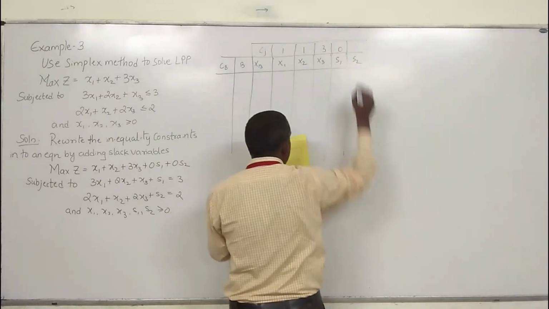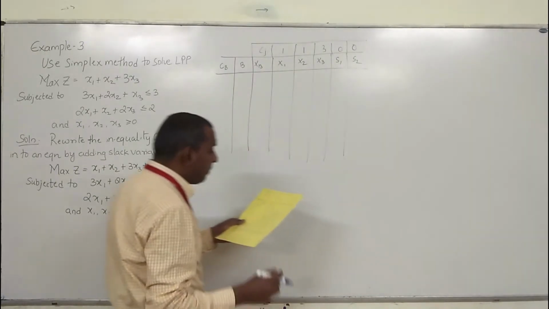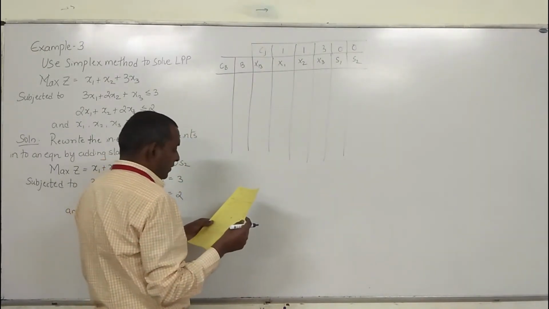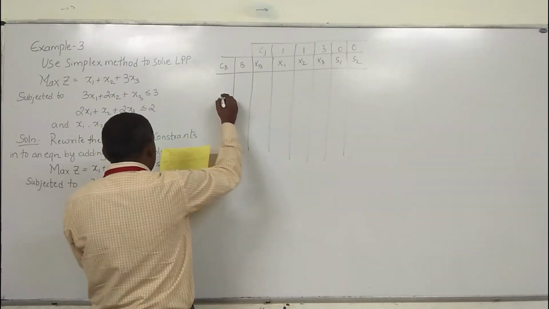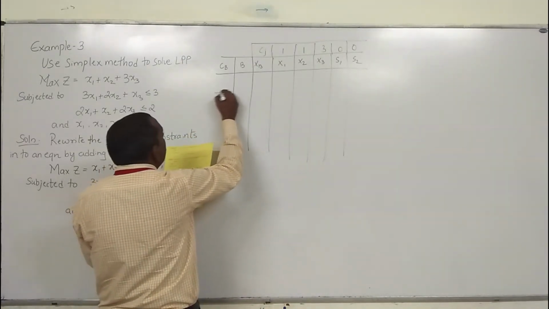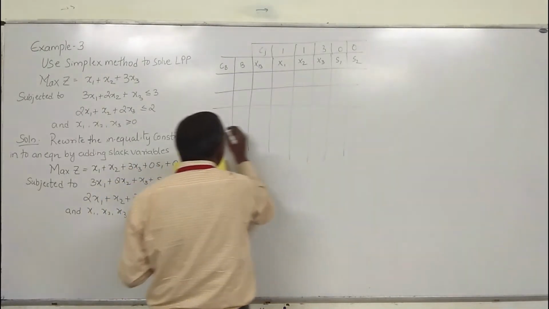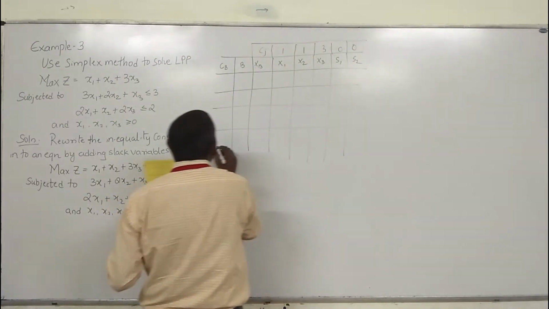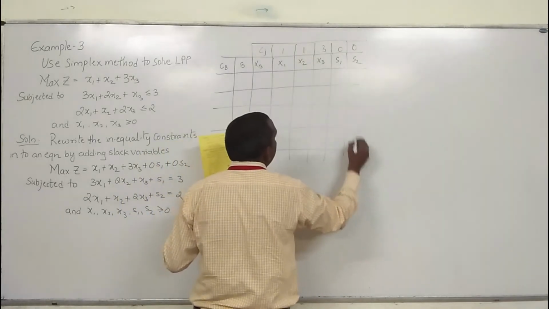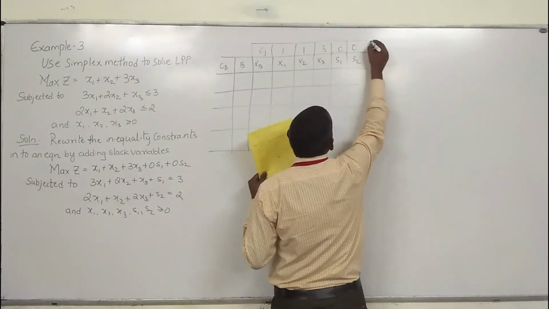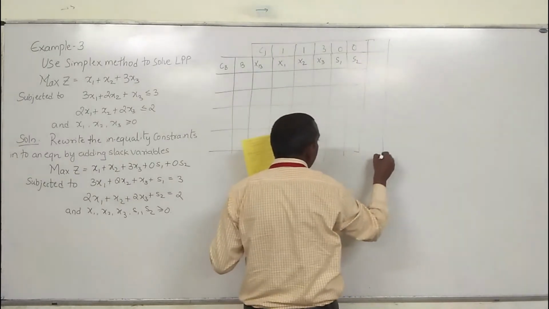If any one of the constraints is greater than or equal to, at that time we are supposed to add surplus variables. Fine. So slack and surplus variables are used to make the given LPP into standard form. So once we get the standard form of an LPP, then we need to represent the LPP in the first initial simplex table.